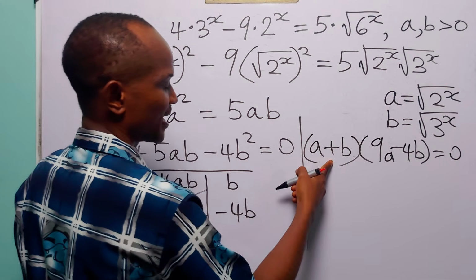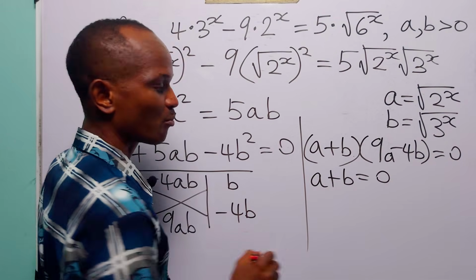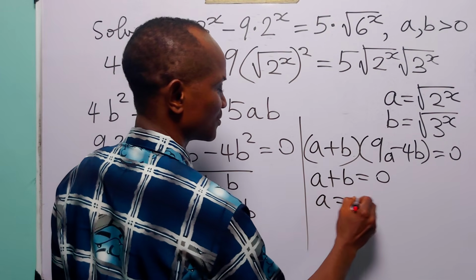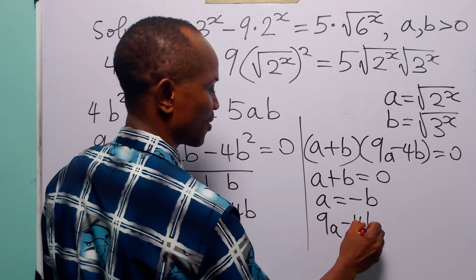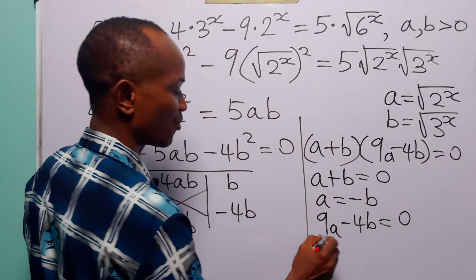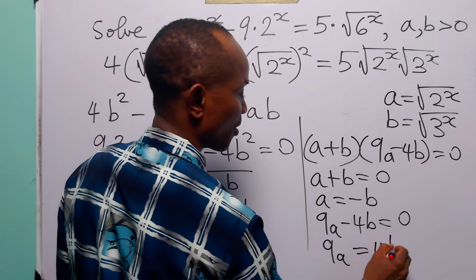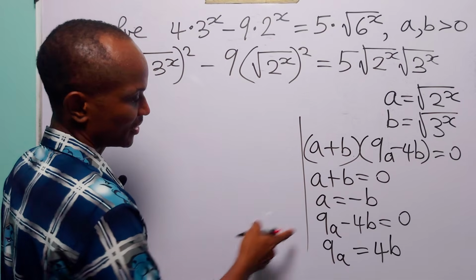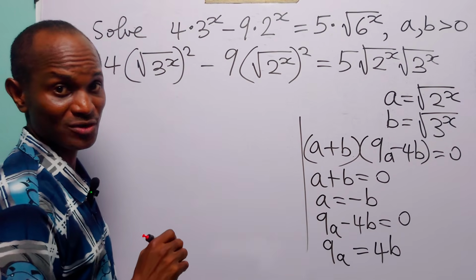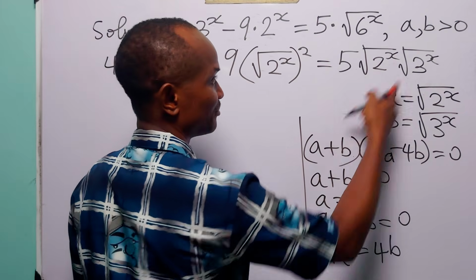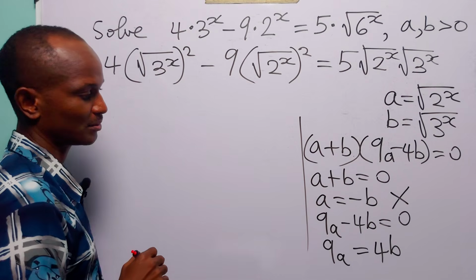And of course, from here we can see that either a plus b is equal to 0, from where a is equal to minus b, or 9a minus 4b is equal to 0, from where 9a is equal to 4b. Now let us look at these two conditions. In this case, we have that a is equal to minus b, but remember that both a and b must be positive, so this condition is unacceptable.